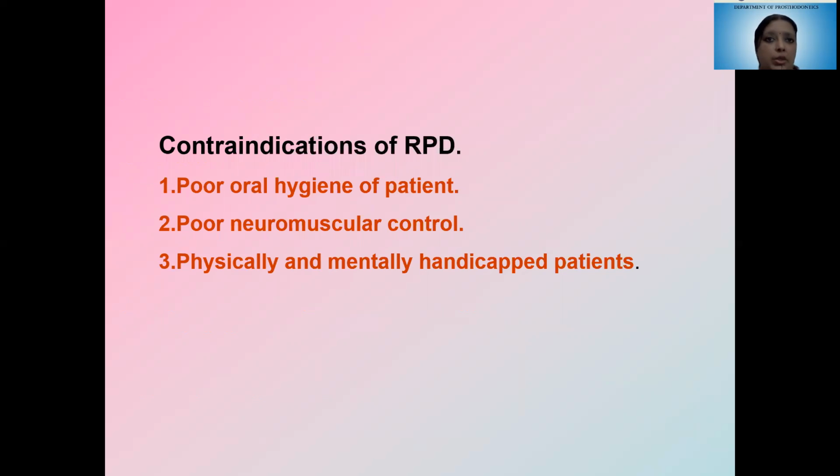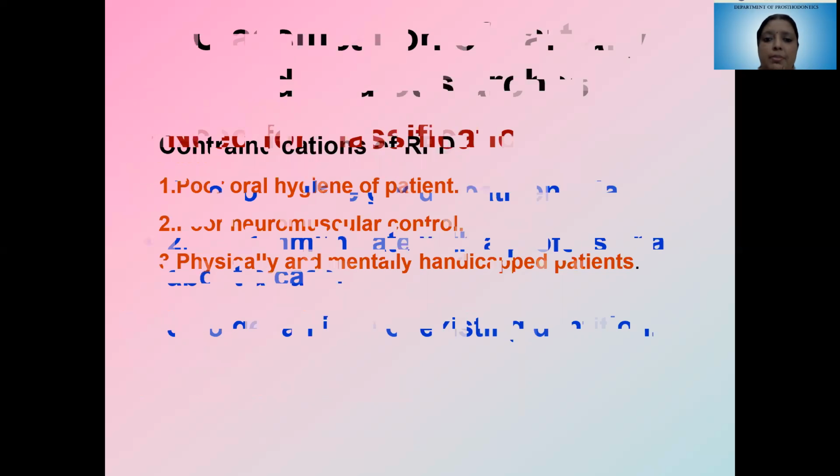Patient has poor neuromuscular control, for example, patients with Parkinsonism, etc., where the neuromuscular control is not good. You need a lot of manual dexterity to place the RPD in the mouth and remove it from the mouth. So even in physically and mentally retarded patients, for these two above reasons, you cannot go for a removable partial denture.